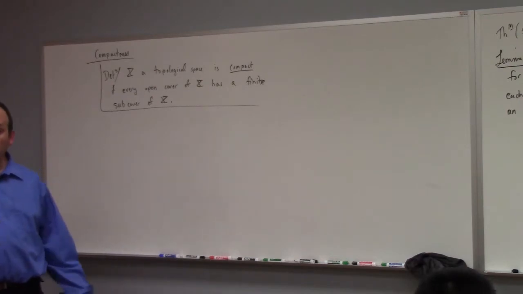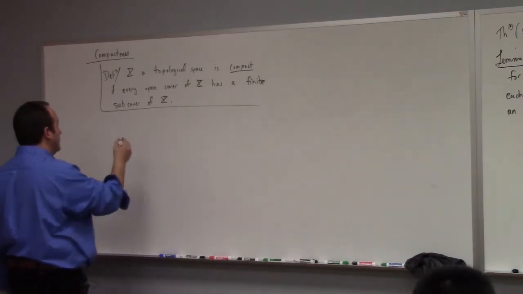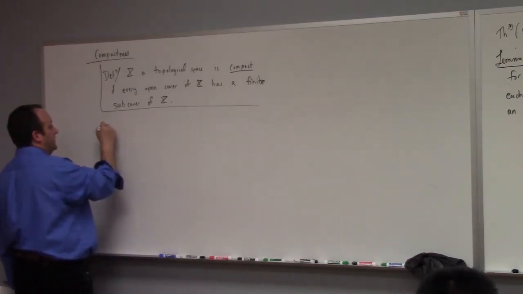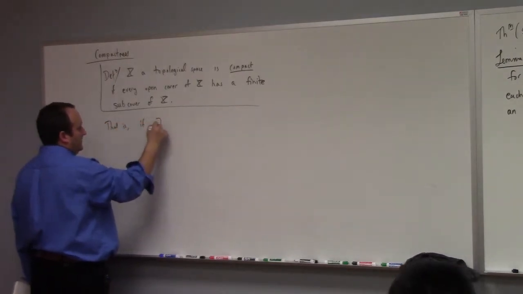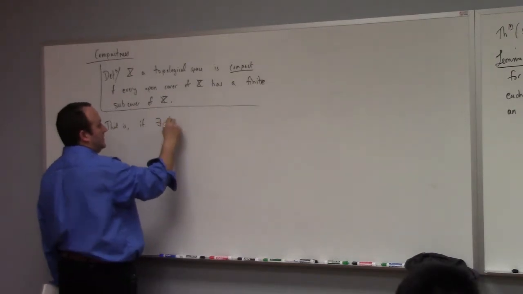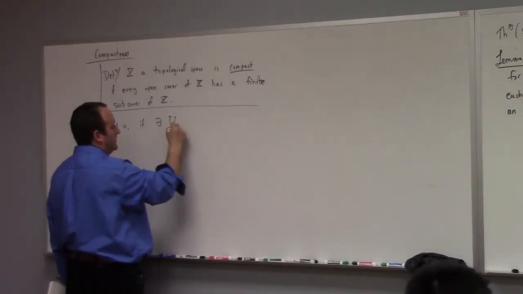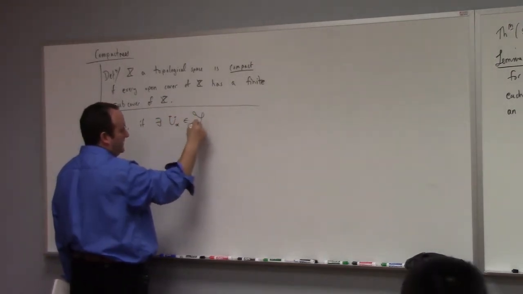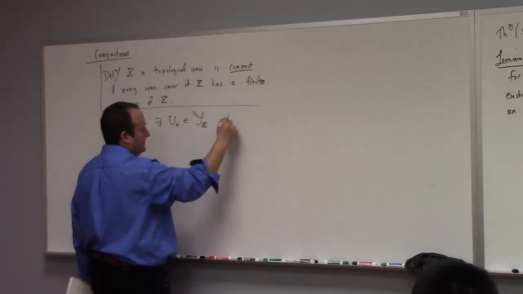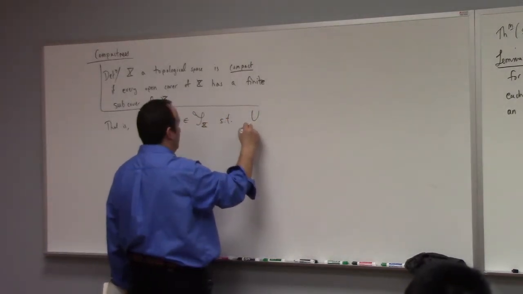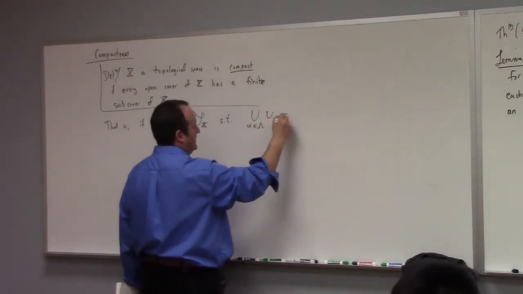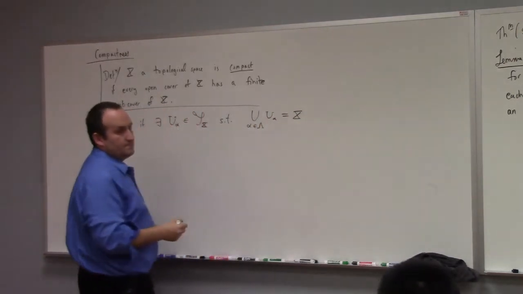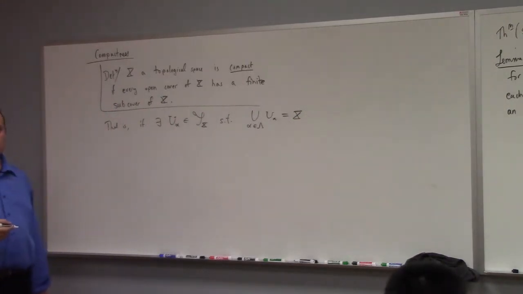So what's an open cover of the topological space? That is, if there exists, let's say, U alpha in the topology of X such that the union over alpha in lambda of U alpha is equal to X. Remember, I have to allow for arbitrary unions.